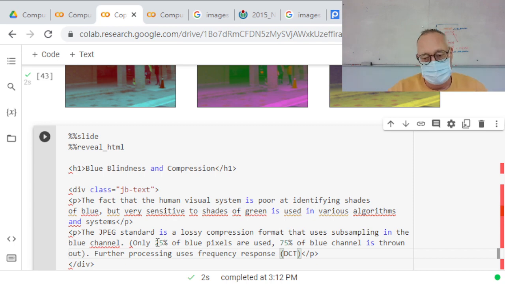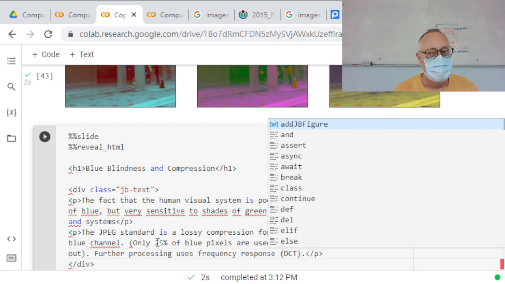So the JPEG standard uses the discrete cosine transform in order to be able to extract how things change, what the variations are. That way you can also eliminate a lot of the data. That's how you get the very small sizes for JPEG file standard.